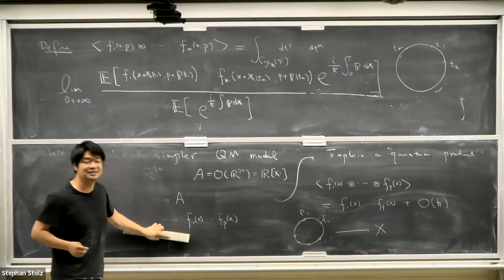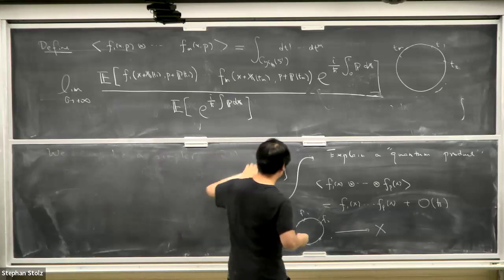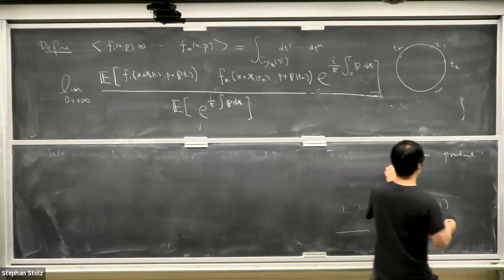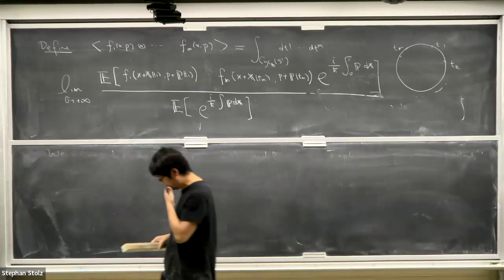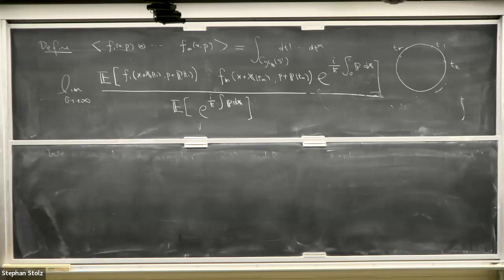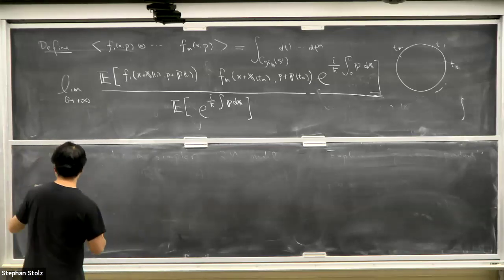Now let me show you how this is related to non-commutative geometry. There are several ways you can play with this random process, and well, let me try to explain something very basic.